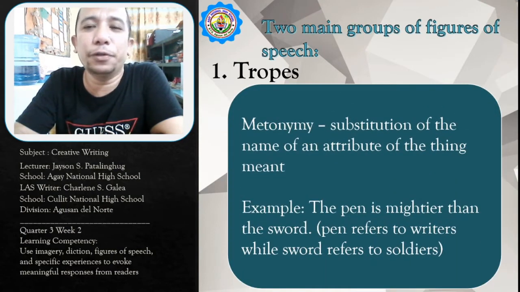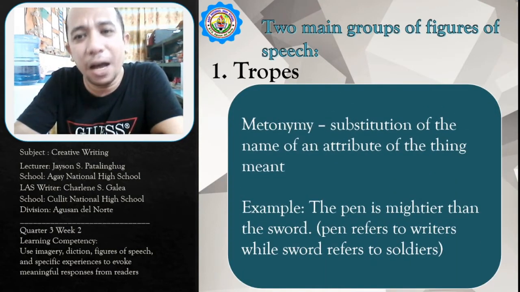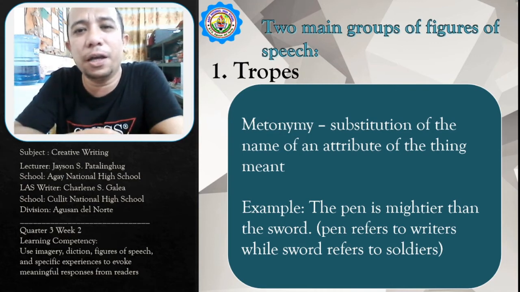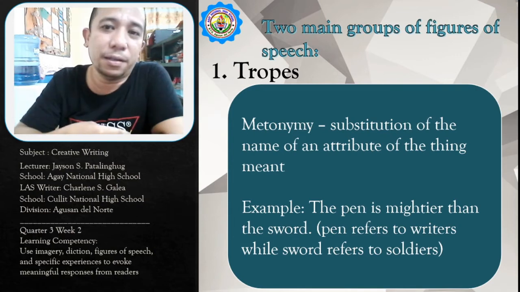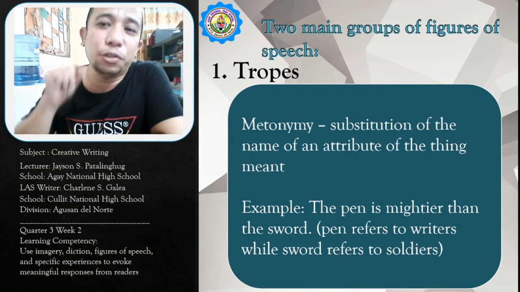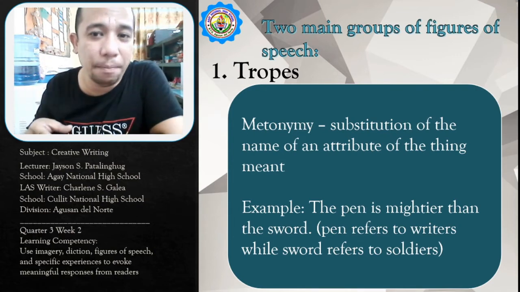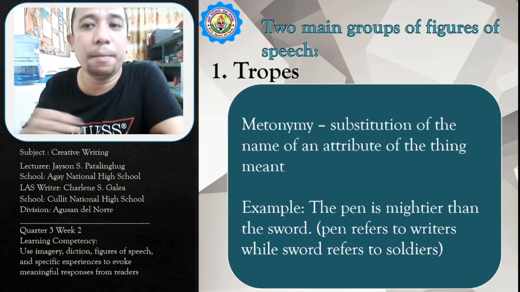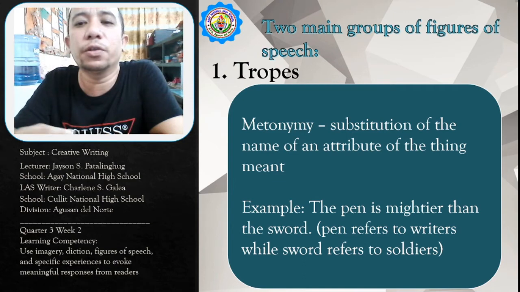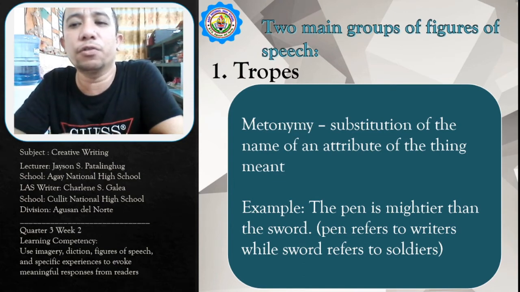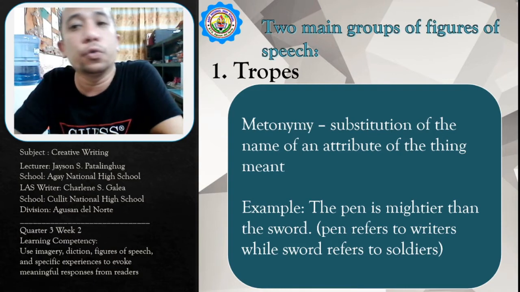Next, after oxymoron, we have metonymy. Metonymy is a substitution of the name of an attribute of the thing meant. Example: the pen is mightier than the sword. The pen refers to writers, while sword refers to soldiers.